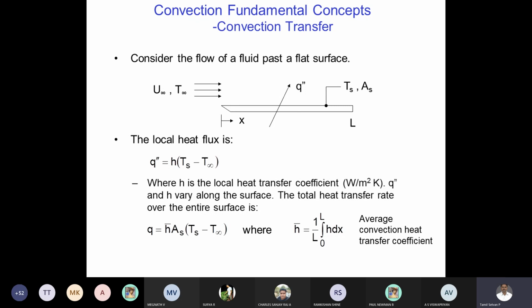For example, hot liquid sodium coolant flows inside the reactor core, takes the heat energy and gives it to the surface, and over the surface you have water which flows.